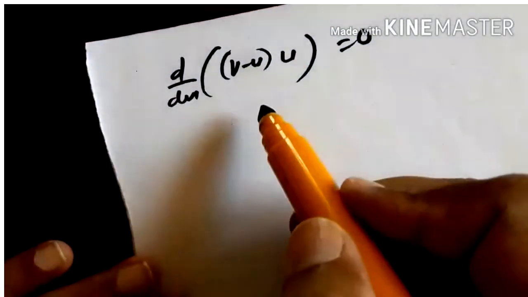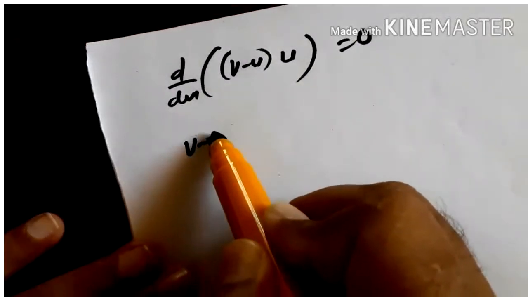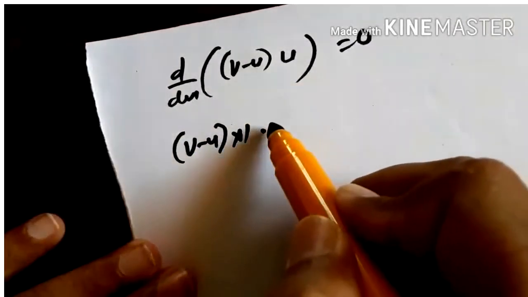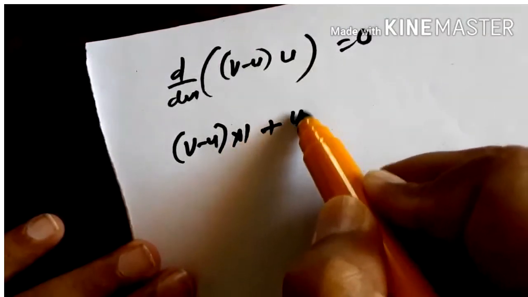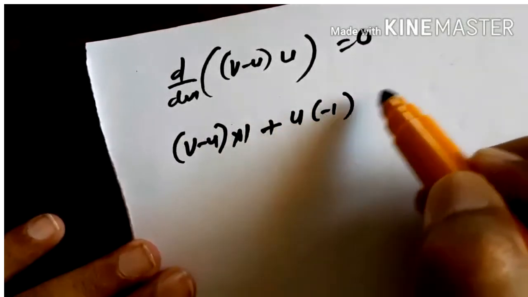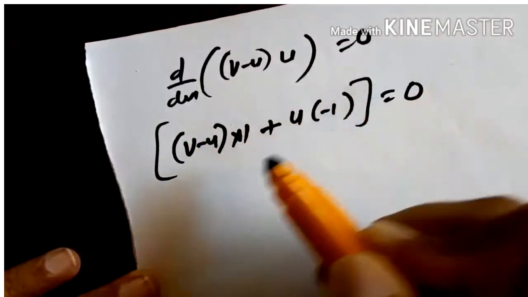If I differentiate this equation, what I get is u into minus 1, plus (v minus u) into 1, equal to 0.